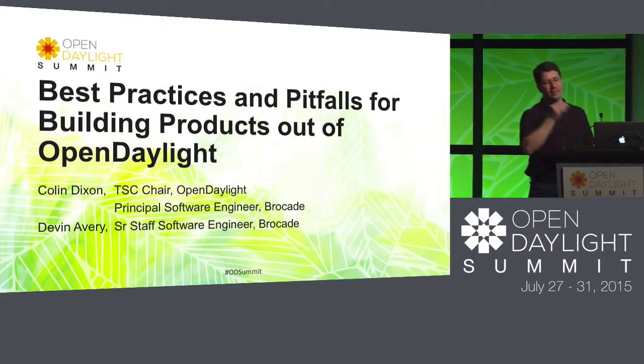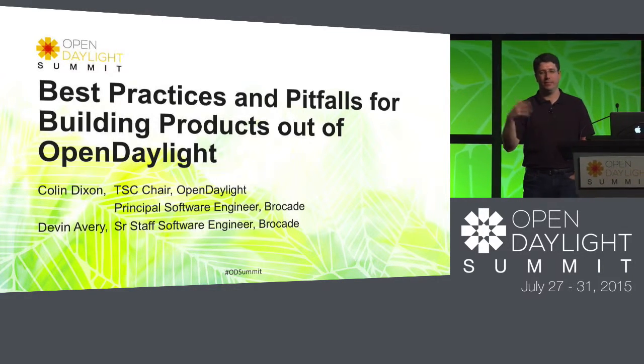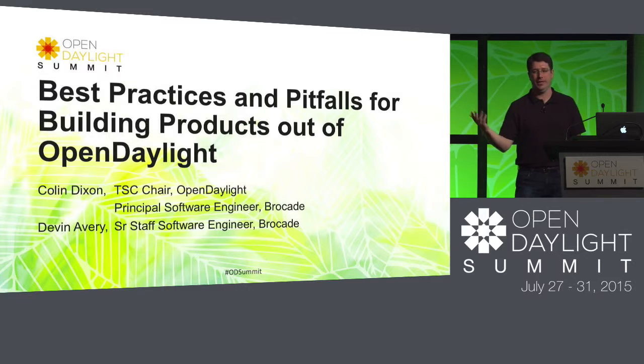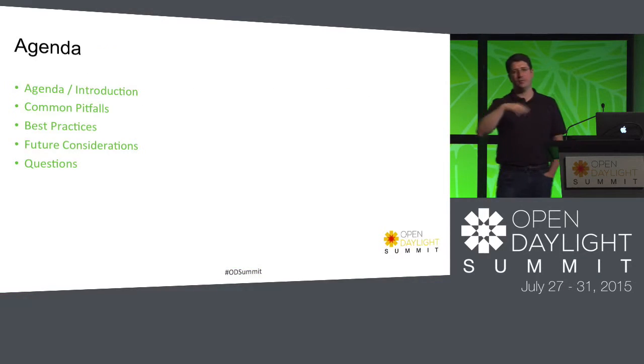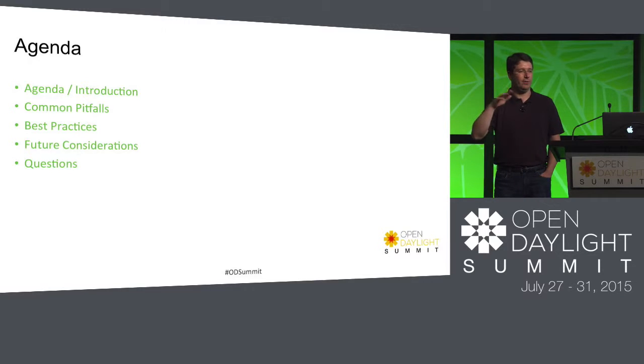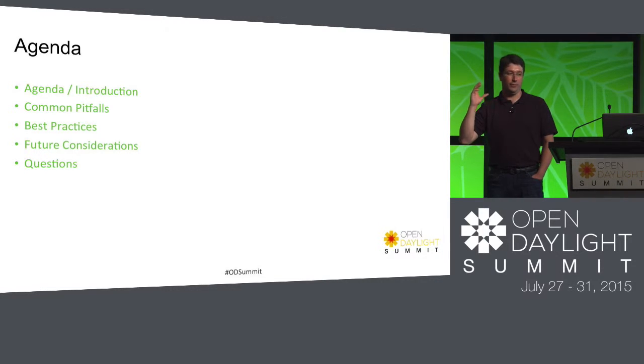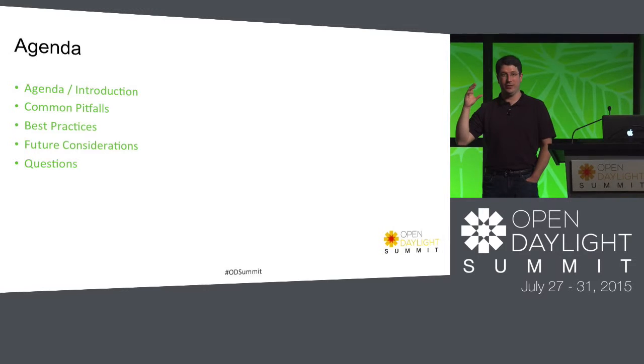So we're going to talk to you today about best practices and pitfalls for building products out of OpenDaylight. And the agenda is something like this: I'll give you a brief introduction. Then we're going to talk about common pitfalls, which is what you can try to avoid doing. Then we're going to tell you what you should do instead.